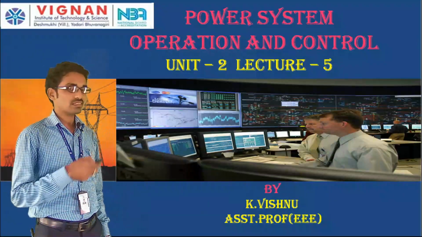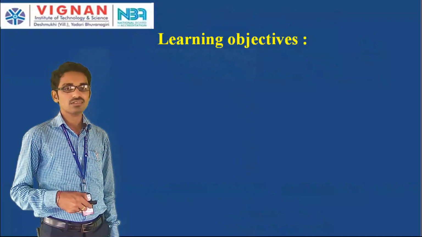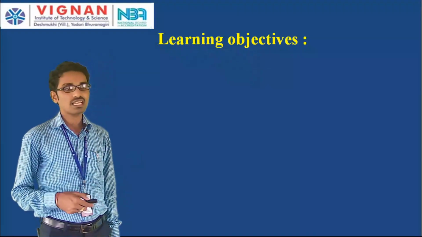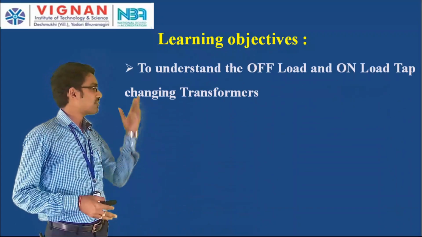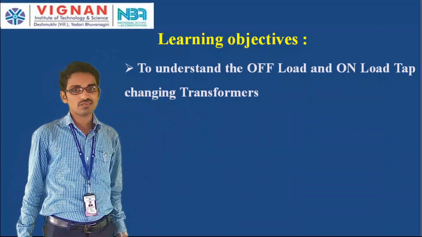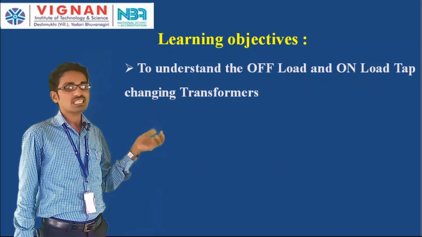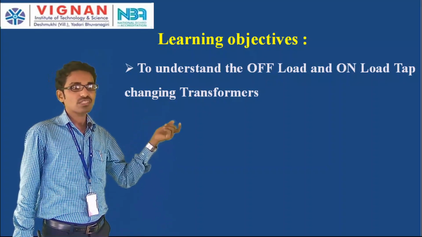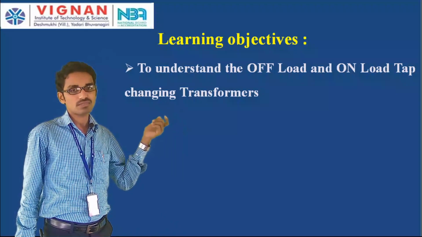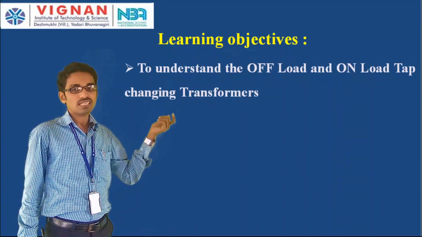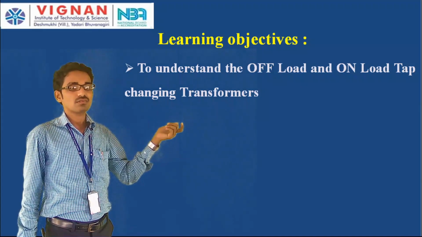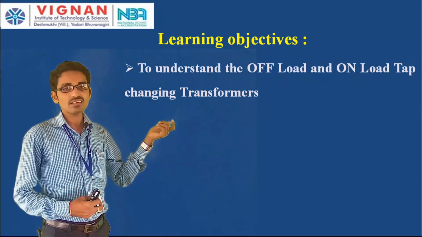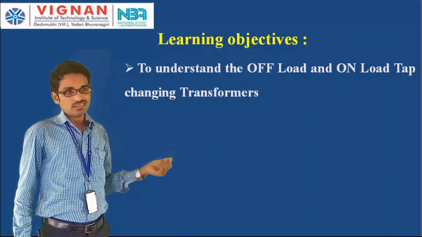In this lecture, we are going to see the learning objectives. First, to understand off-load and on-load tap changing transformers, and how these tap changing transformers work. There are two types of tap changing transformers, off-load and on-load, and we will see how they change the voltage.